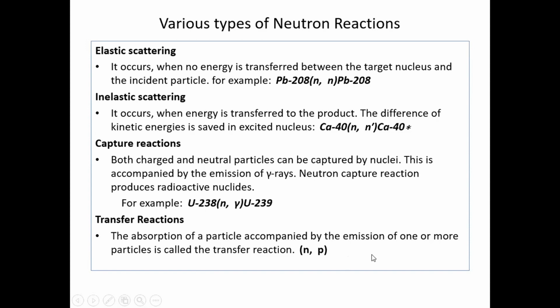The n,d reaction is a transfer reaction. And n,t is a transfer reaction. N is the incident particle which is hitting the target, and p is the particle which is leaving the system, and the other nucleus is the product nucleus which is produced. So a transfer reaction is accompanied by the emission of one or more particles.